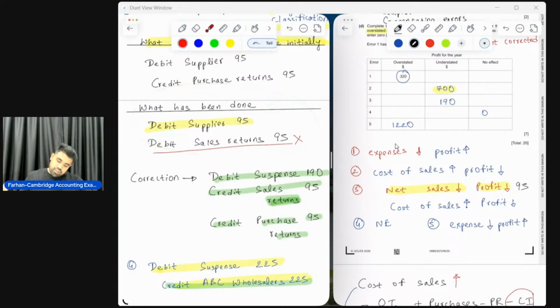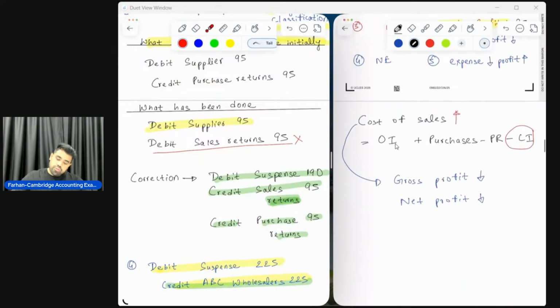Now let's go back to the equation for cost of goods sold. So you can see purchase returns in this equation is also being subtracted. So if we failed or forgot to record $95 of purchase returns, then that means we're essentially overstating our cost of goods sold by $95, which would again mean gross profit is understated by $95 and ultimately net profit is understated by $95.